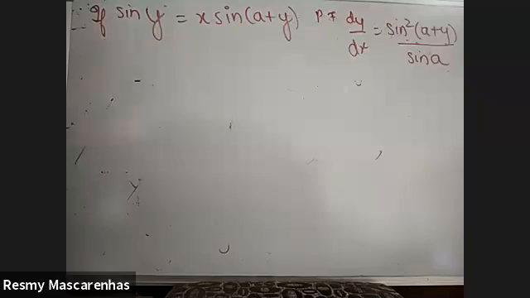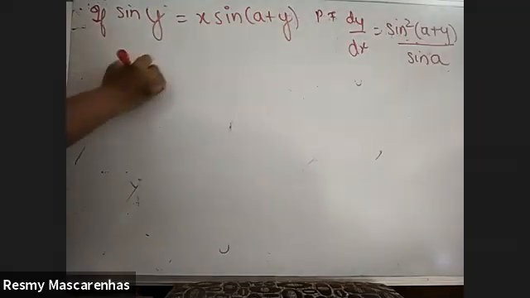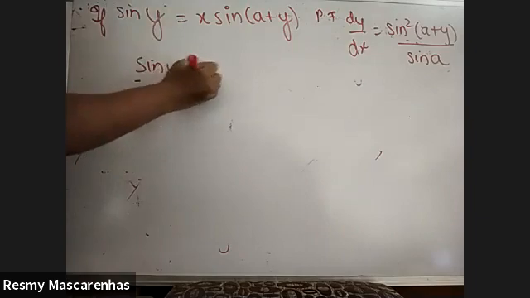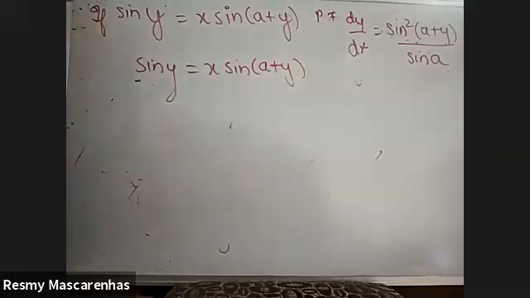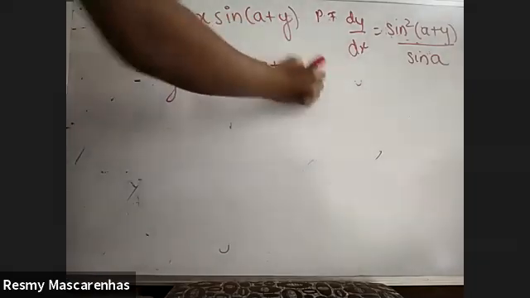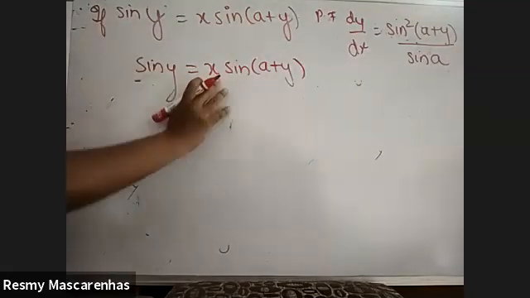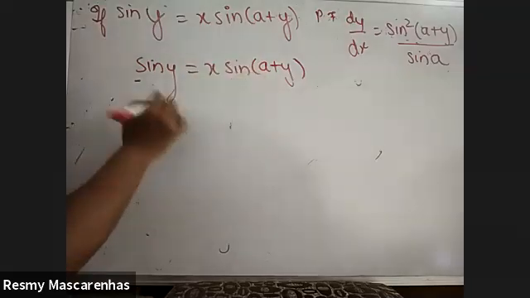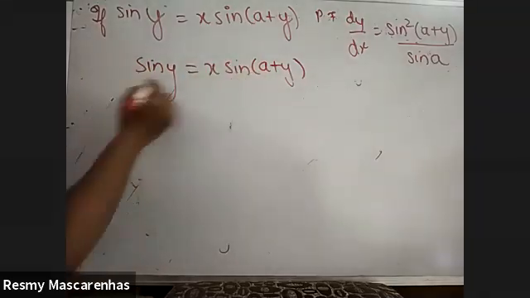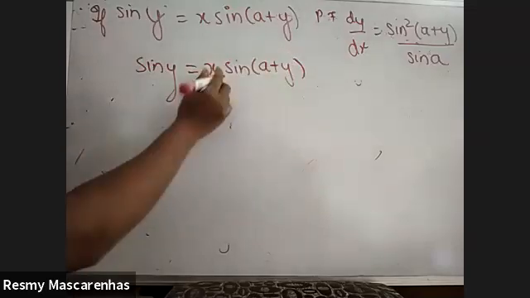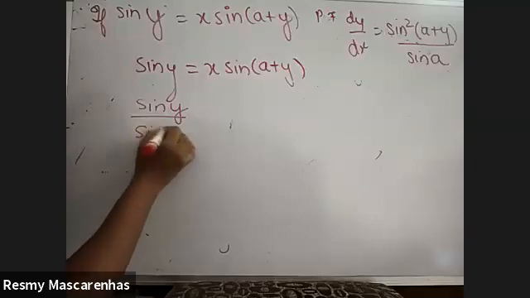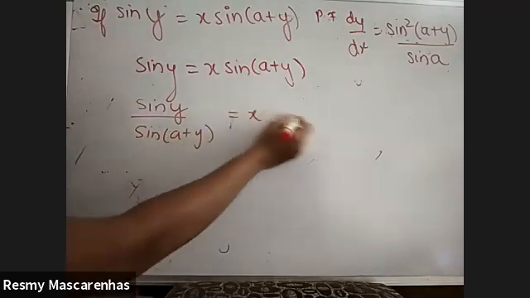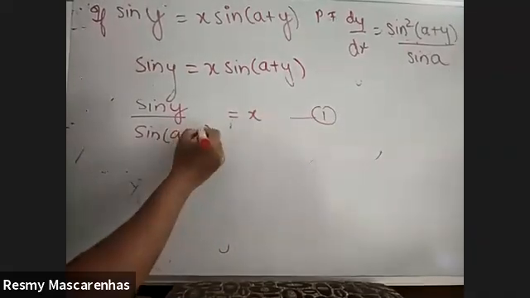What has been given is the equation: sine of y is equal to x times sine of a plus y. Now just one extra step I'm doing here, which will be needed later. So sine of y upon sine of a plus y is equal to x. This I will need later on for substitution, so I'm just writing and keeping it.